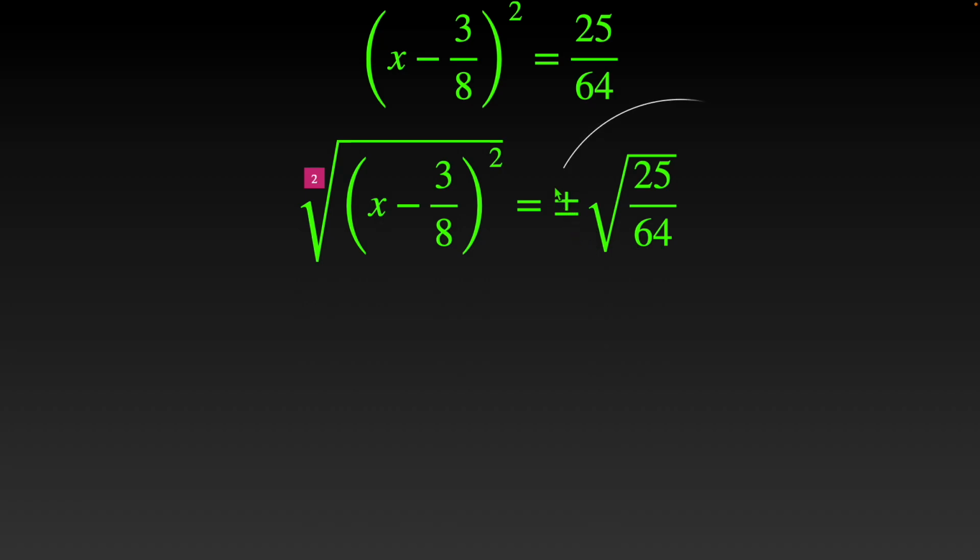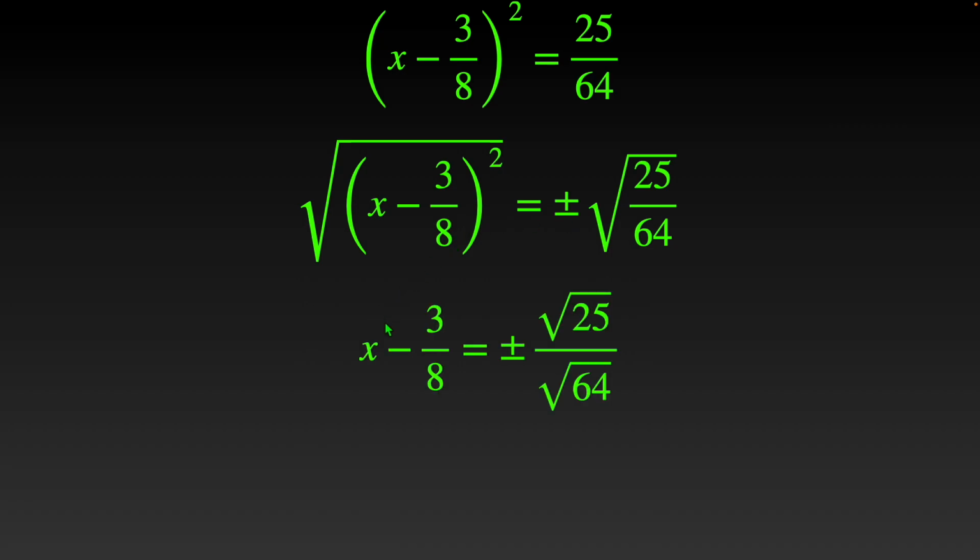Why plus or minus? Well, let's take a look at a simple example. If we have x squared equals 25, that means that x equals 5 or x equals negative 5. 5 squared is 25, but negative 5 squared is also 25. So we need to accommodate for two solutions, so plus or minus on the right-hand side. What do we get on the left-hand side? x minus 3 over 8.